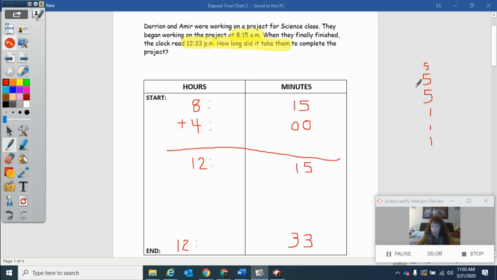So I counted by fives and then I counted by ones. Starting at 15, I did 20, 25, 30, 31, 32, 33. So I've got 5, 10, 15, 16, 17, 18. I had to add 18 minutes.